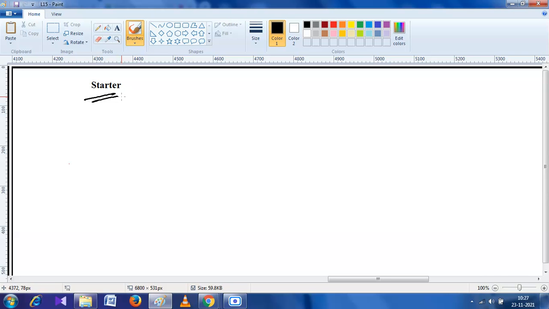Suppose we have a device by which we can start a DC motor. That device is called starter.